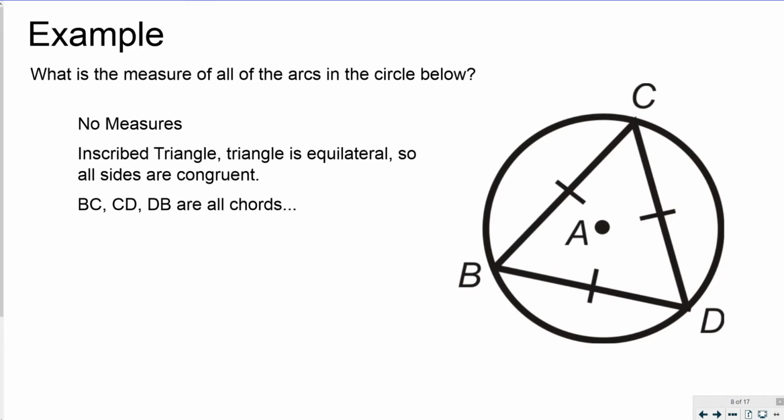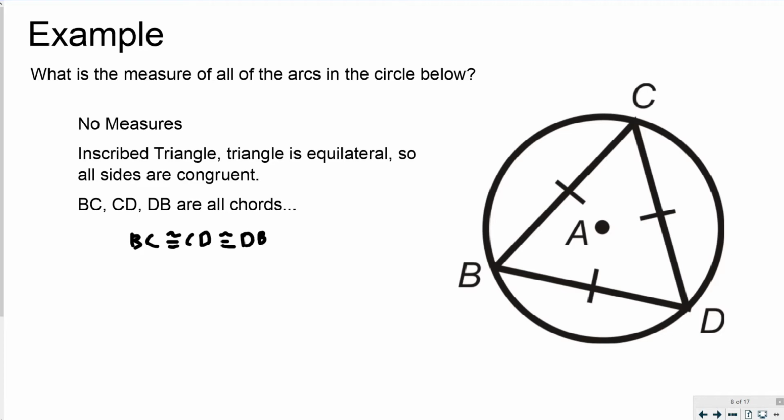Okay. So if BC, CD, and DB are all chords, then since all the sides are congruent, I could say that BC is congruent to CD, which is congruent to DB.